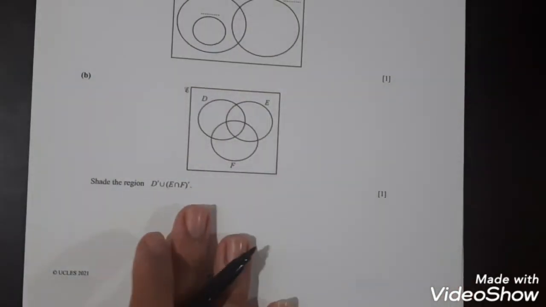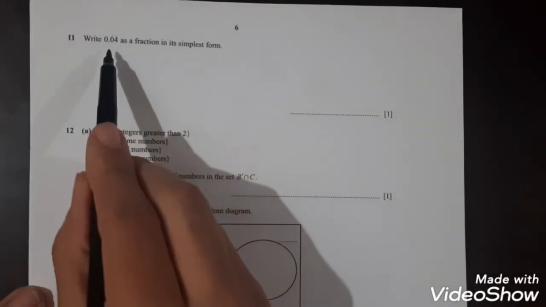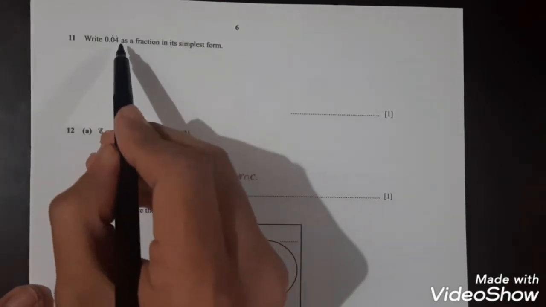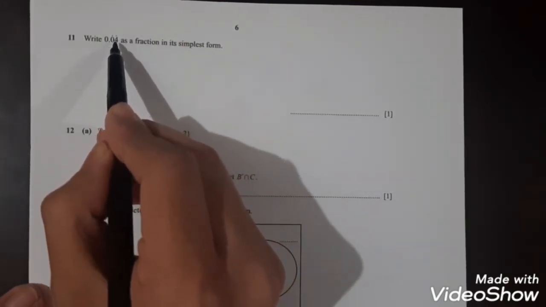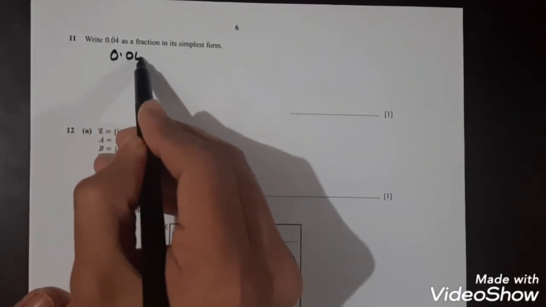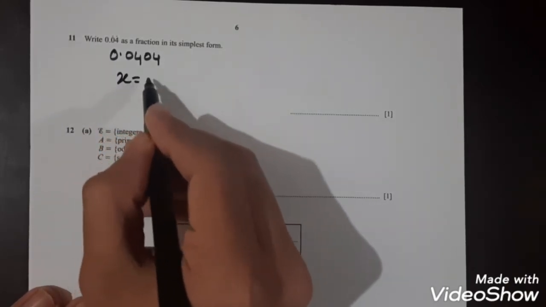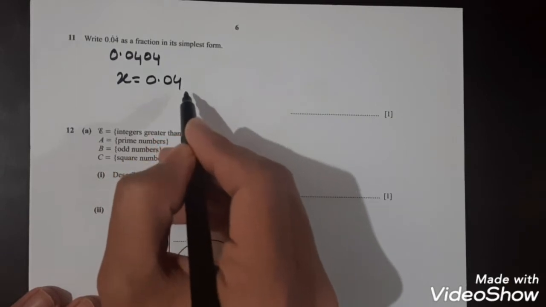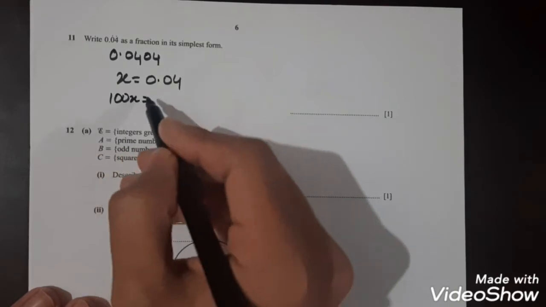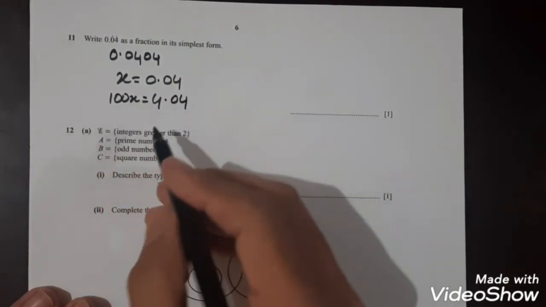Then question 11 states write 0.04 as a fraction in its simplest form. So since we have dots on 0 and 4, these are recurring decimals, so we write 0.0404. So first x is equal to 0.04, and then 100x will be 4.04.